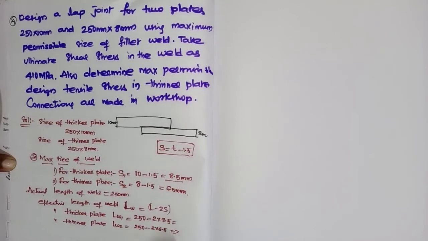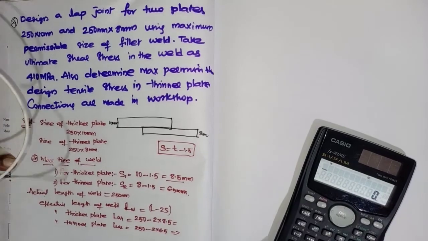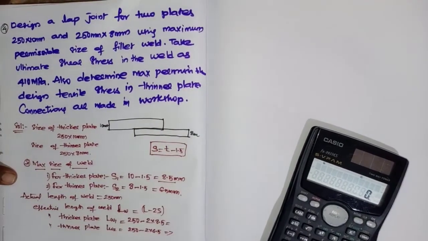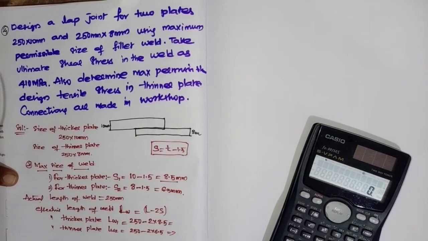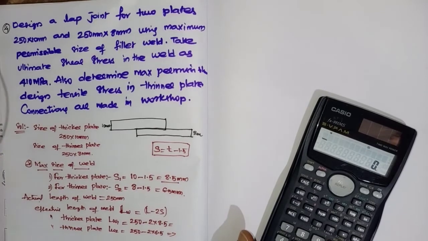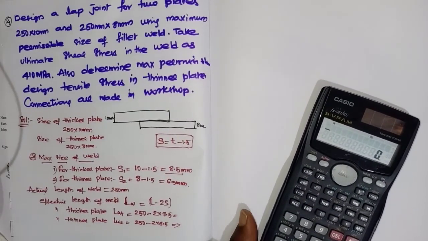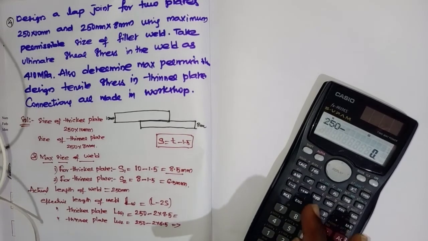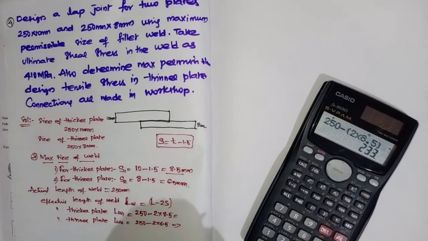So here, that is 250 minus 2 into 8.5. How much are you getting here?